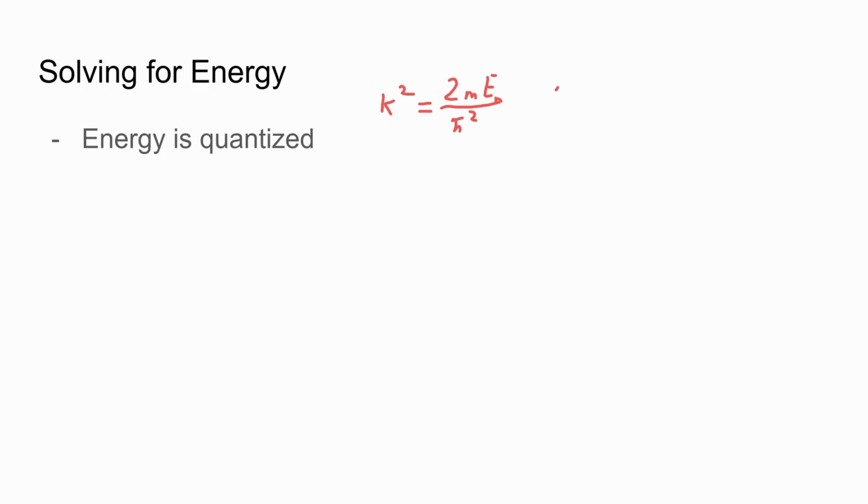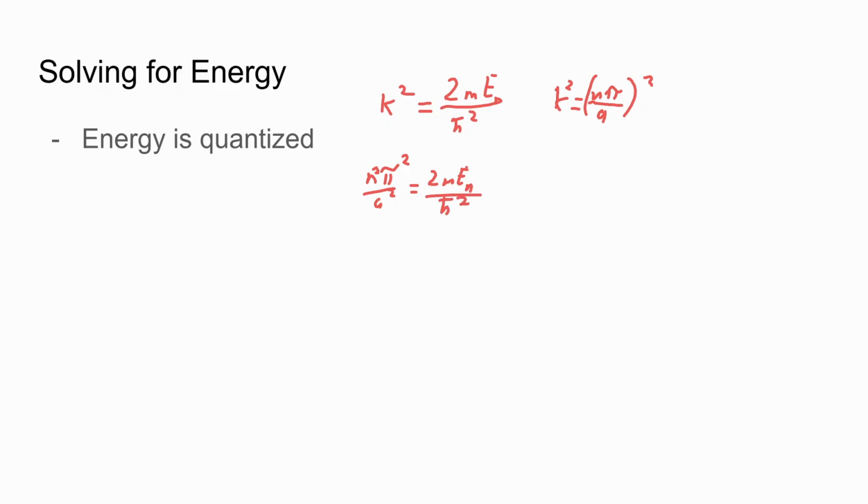And we can also use the equation k equals n pi over a, what we used when we applied our boundary condition psi of a equals 0. So if we set these equal to each other, first we need to square this, but basically we get n squared pi squared over a squared is going to equal 2mE_n over h bar squared.